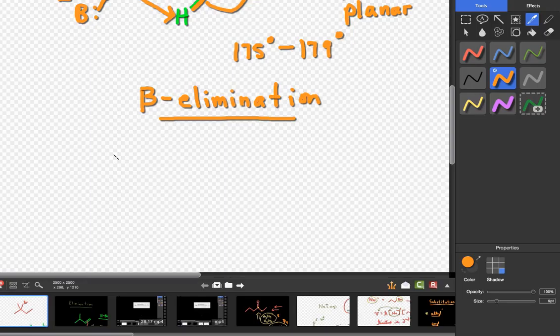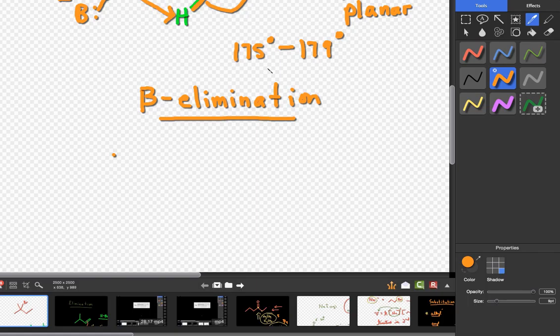We have to convert carbon-carbon double bonds to carbon-carbon single bonds and vice versa. So there's an example of where a beta elimination occurs in a biological system. Also in Krebs cycle, when we convert succinate to fumarate, we convert an alcohol to a carbon-carbon double bond. These are all E2 mechanisms.